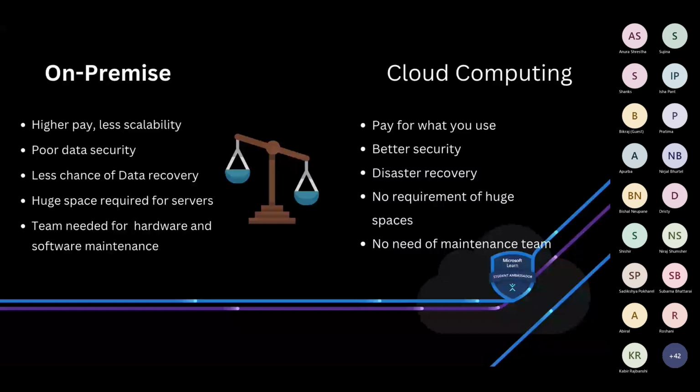Then about the poor data security: you might think that on-premise is something that individuals handle on their own, it's private, like a business, and that therefore the security may be high. But there comes the problem of monetary finances again. For high data security, a lot of investment is required, and many on-premise businesses cannot afford such expenses.